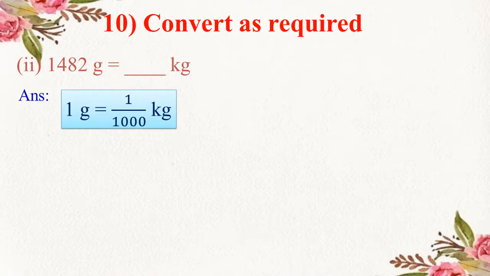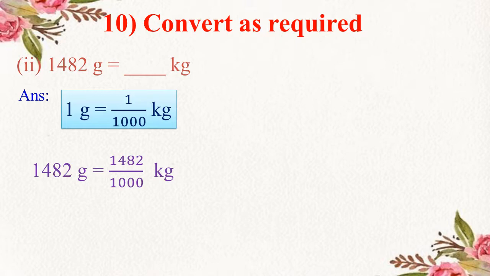Therefore, 1482 gram equal to 1482 by 1000 kilogram. Here the denominator has 3 zeros. So we put a decimal point counting 3 digits from the right. So we get 1.482 kilogram.